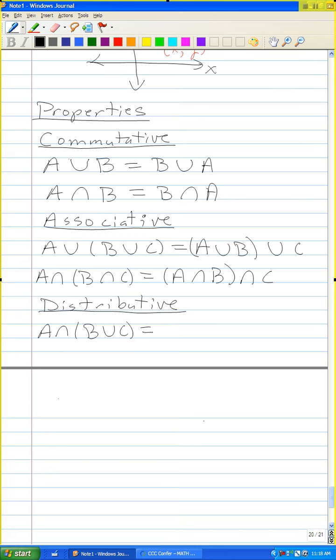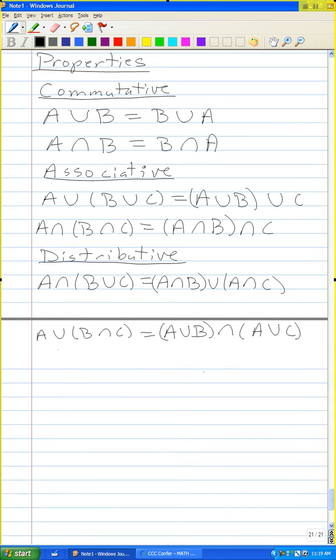So distributive property. We have that intersection distributes over union: A intersect B union A intersect C. And that union distributes over intersection: A union B intersect C is A union B intersect A union C. And this is sometimes called the property of one with real numbers, or, well, this is actually called the fact that they're idempotent.